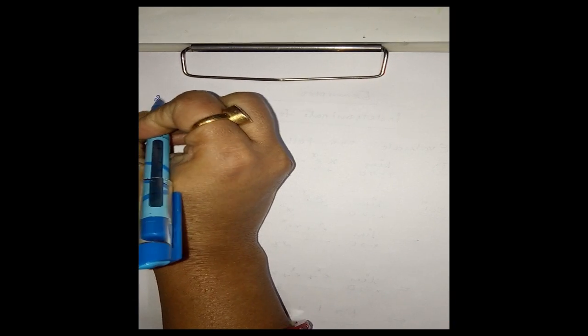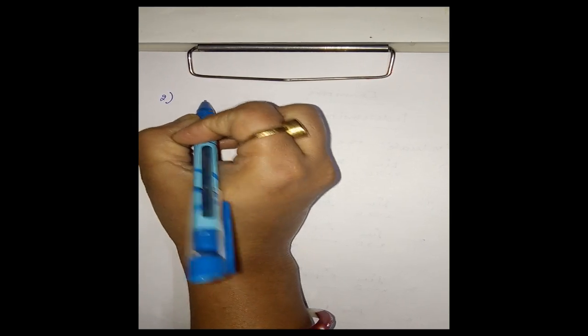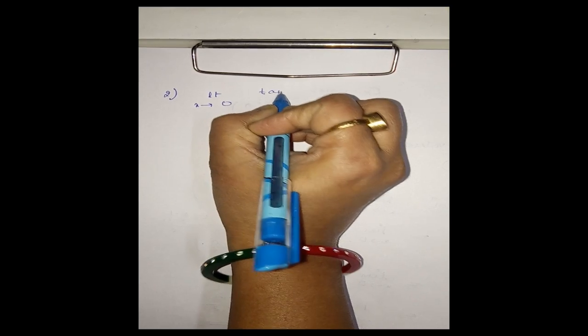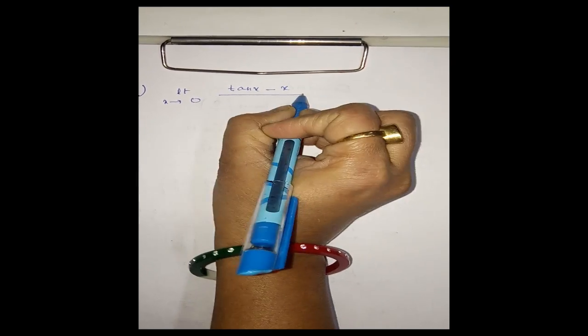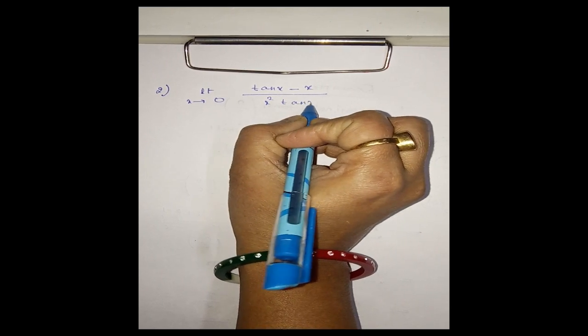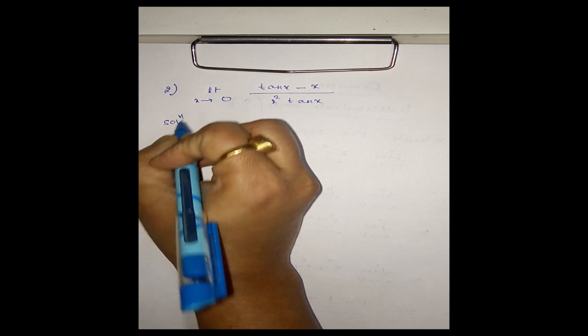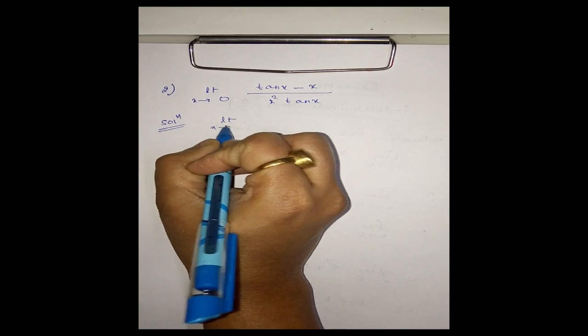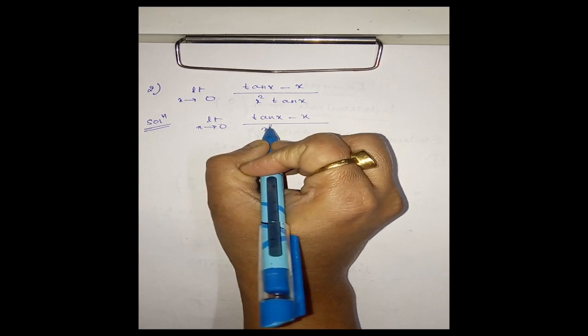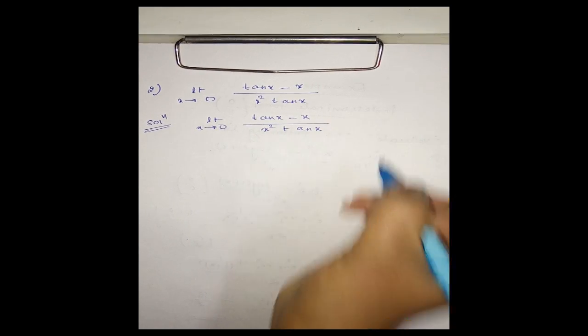We consider the second problem. Limit as x tends to 0 of (tan x minus x) divided by (x squared tan x). Taking the first solution, this is the limit as x tends to 0 of (tan x minus x) over (x squared tan x).